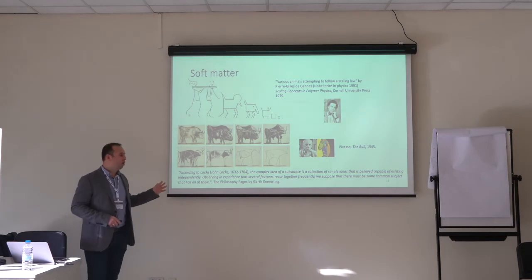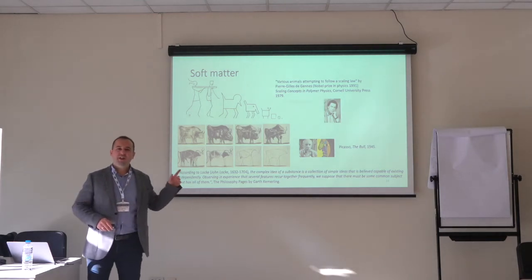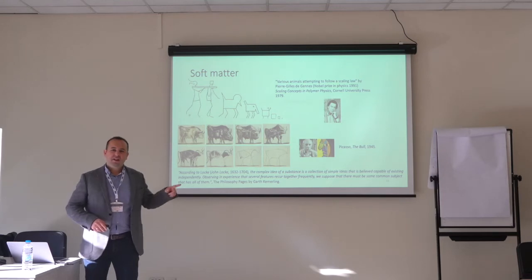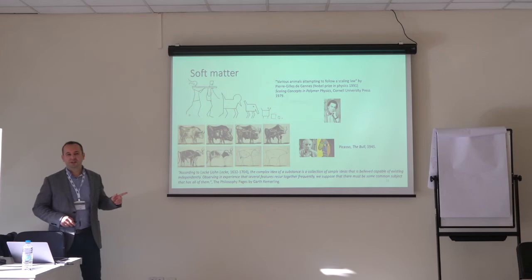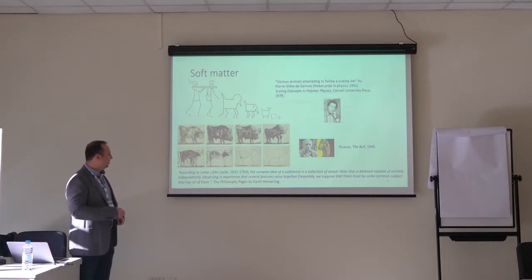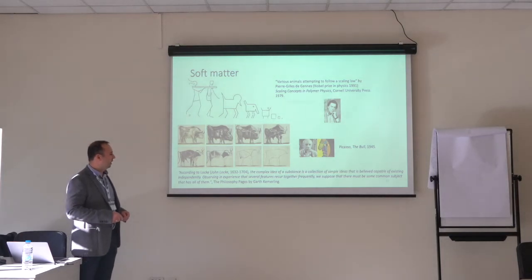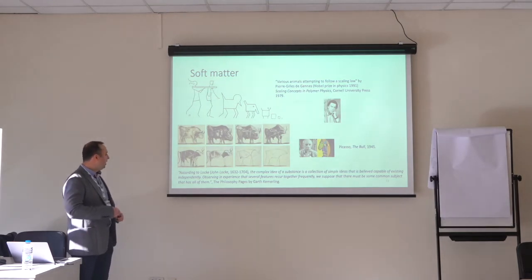That guy was also slightly on the philosophical side. But the philosopher John Locke already gave an explanation of complexity. It's a long sentence, but I will bother you by reading it. According to John Locke, the famous philosopher, the complex idea of a substance is a collection of simple ideas that is believed capable of existing independently.